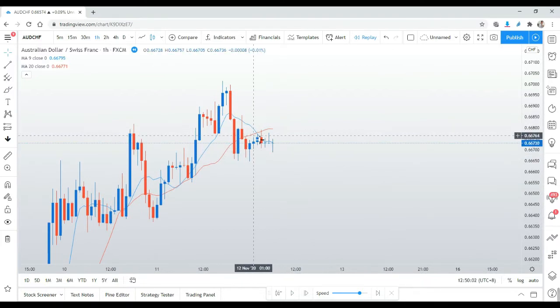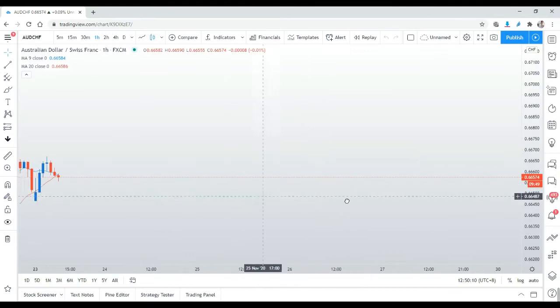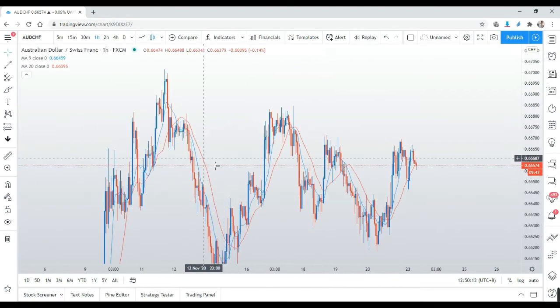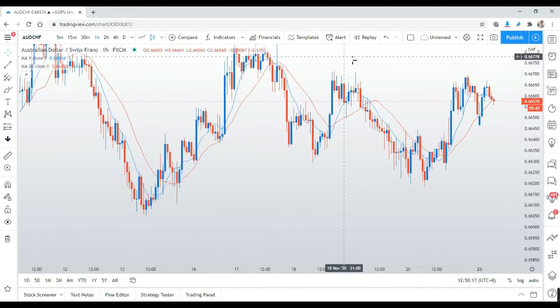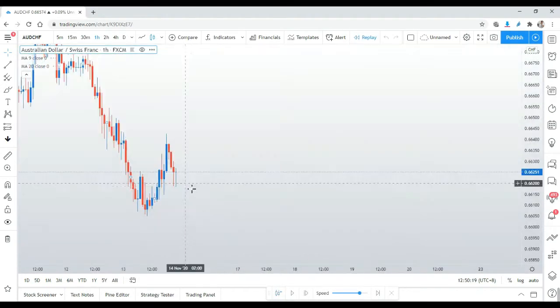Sometimes you tell yourself that you won't go into this particular trade. Let's see what happened. The price dropped, and then you'll be blaming yourself. The next time, the price crosses again, example over here, the price crosses again.